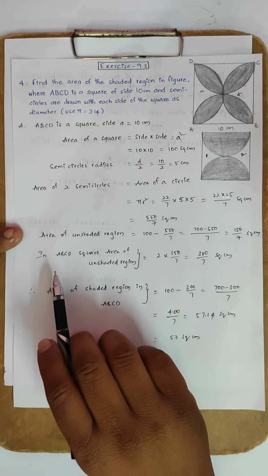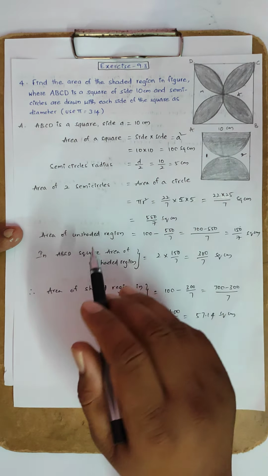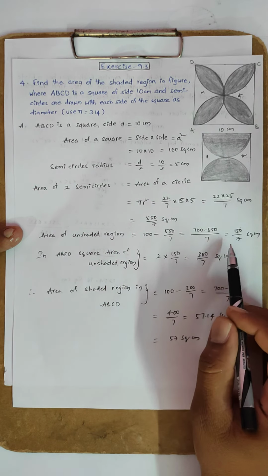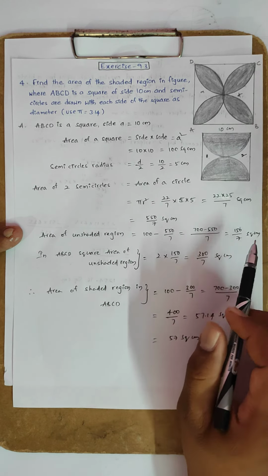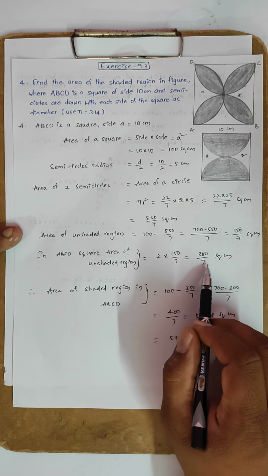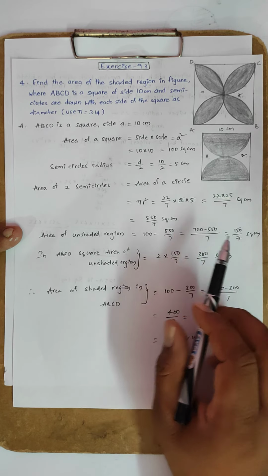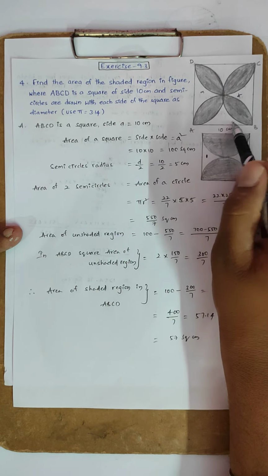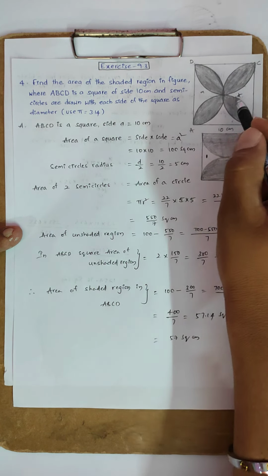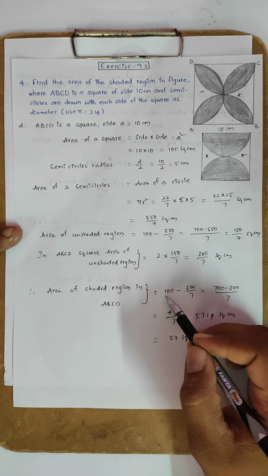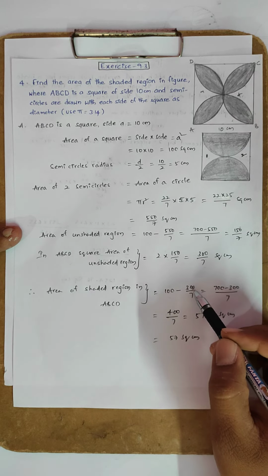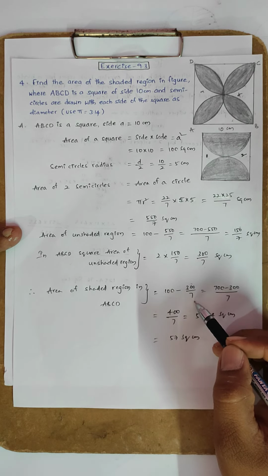So in the ABCD square, the area of 2 unshaded parts is 150 by 7. Like that, the area of 4 unshaded parts is 2 into 150 by 7, 300 by 7 square centimeter. This area is the unshaded parts area. Now the area of the shaded region in ABCD is 100 minus, this 100 is the total area of the square, minus the unshaded part area 300 by 7.